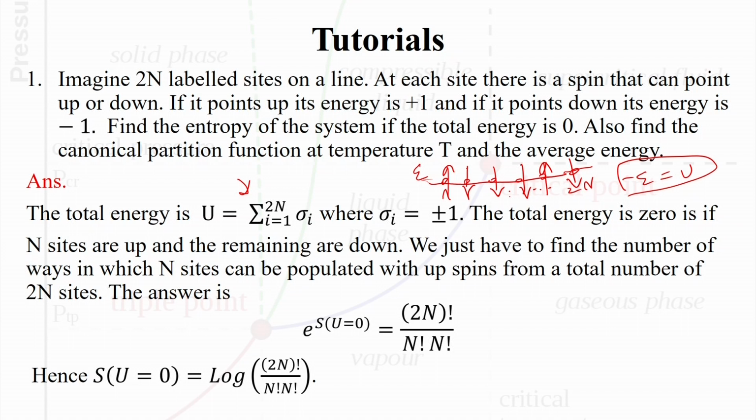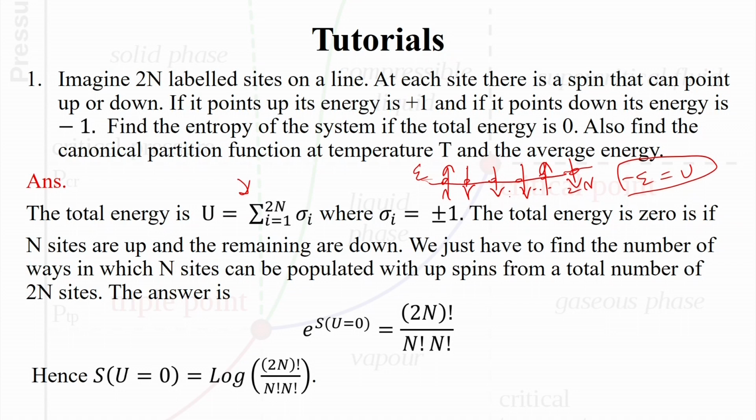The answer is that you just have to look at the combinations, because the sites are all labeled. Remember that the sites have specific labels, so you can tell each site apart from the others. As a result, you just have to count the number of combinations of selecting n sites from the total number of sites, which is 2n.